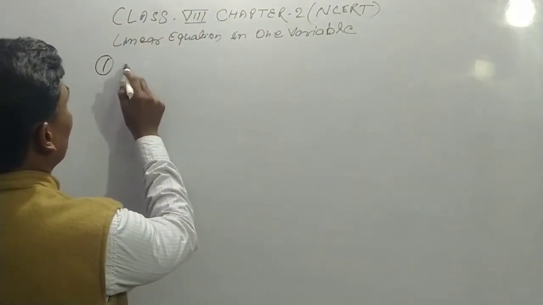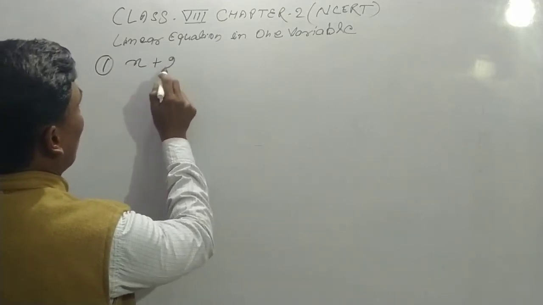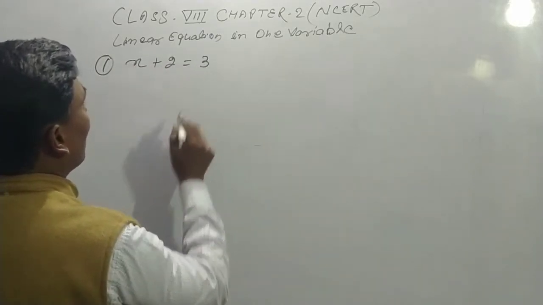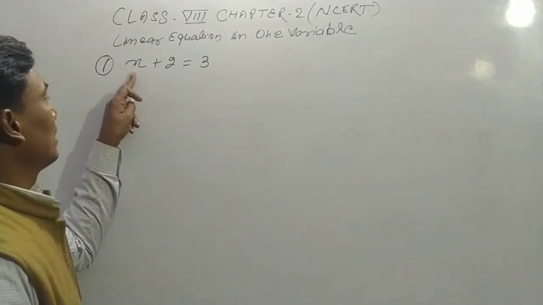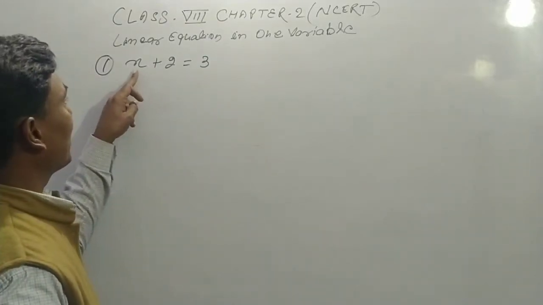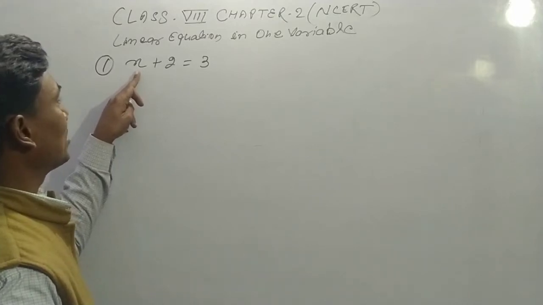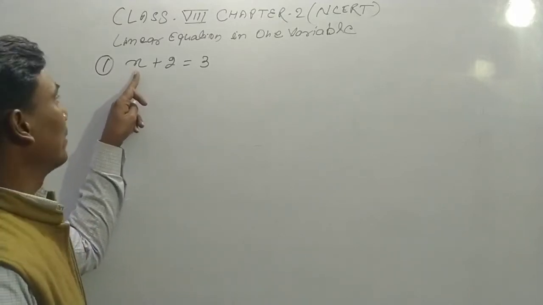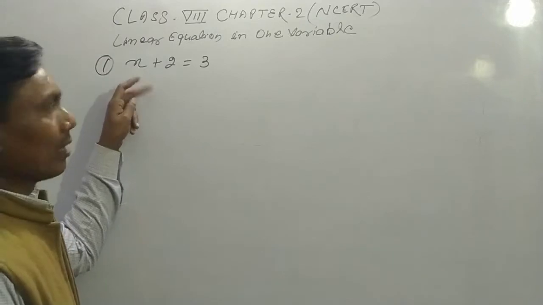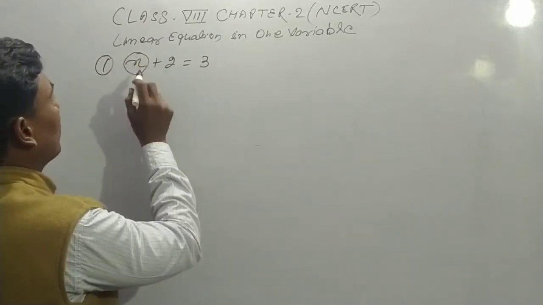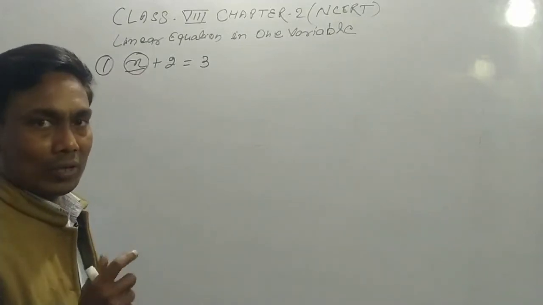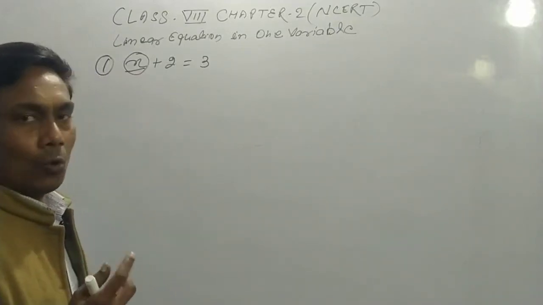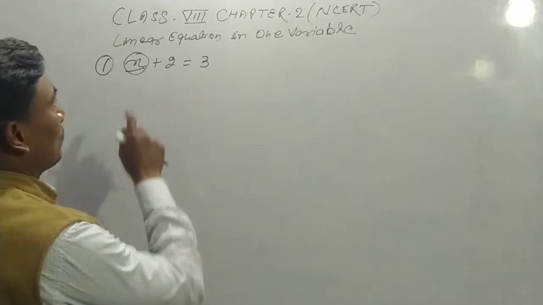Equation number 1: x + 2 = 3. After considering this equation, we can easily verify that there is only one variable in the given equation. This is called the variable. The number of variables may be more than 1, 2, 3, 4.